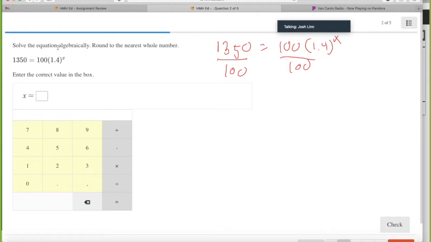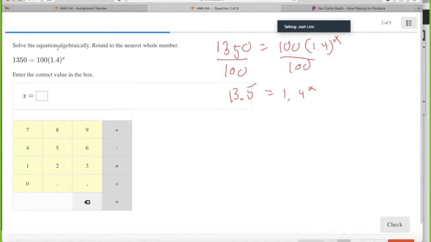So then that's going to be what? 13.5, right? And so we're going to have 13.5 equals 1.4 to the power of x.